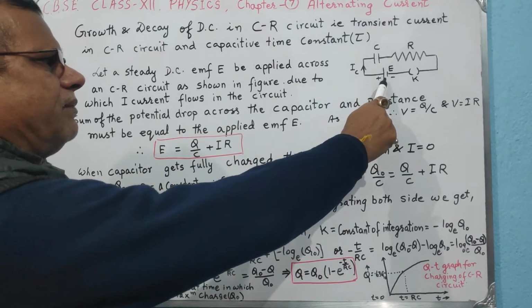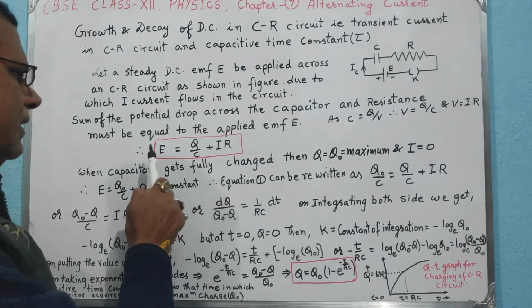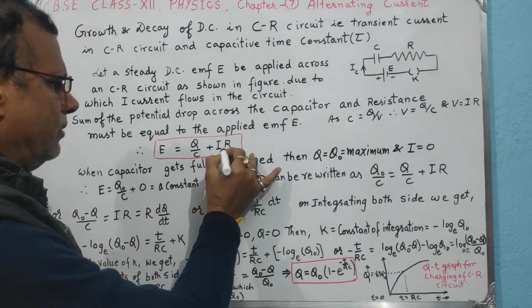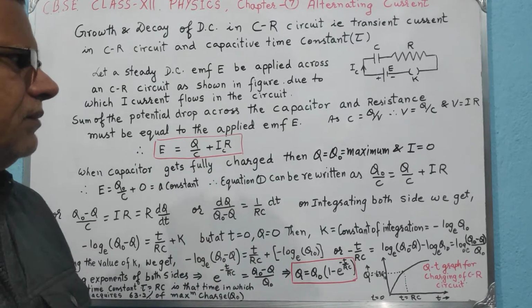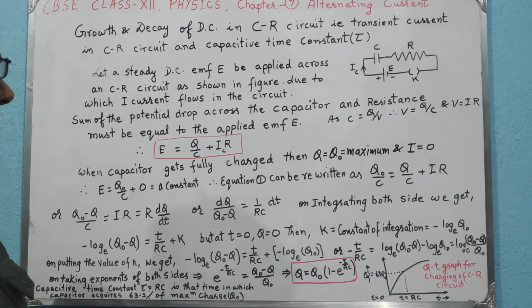This is the EMF of the cell which we have applied across the circuit. So we can write EMF E is equal to Q upon C, and here we mention it as IC. This IC refers to the capacitive current.